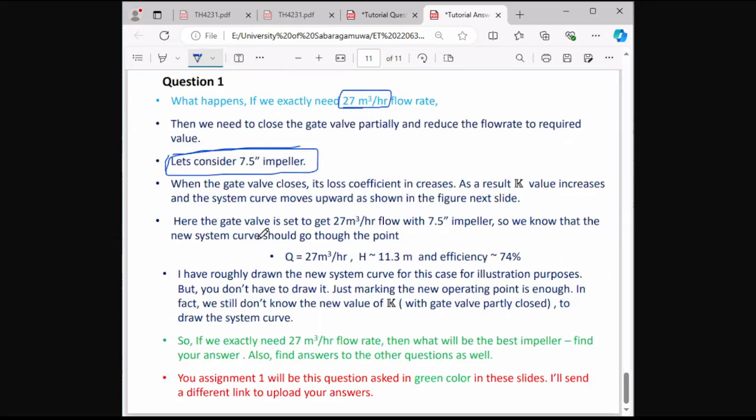Here, when the gate valve closes, the loss coefficient increases. As a result, the K value increases and the system curve moves upward as shown in the figure on the next slide. Here the gate valve is set to get 27 cubic meters per hour flow with the 7.5-inch impeller. So we know that the new system curve should go through this point.